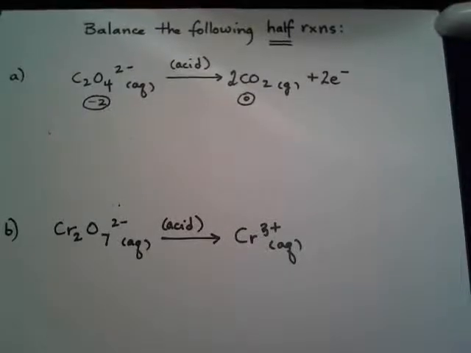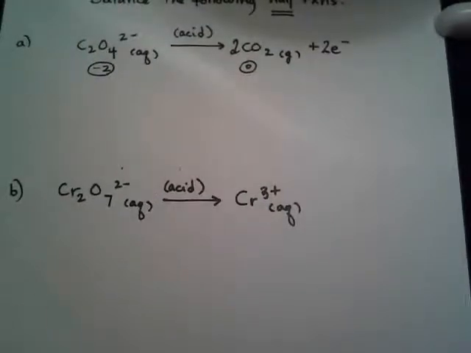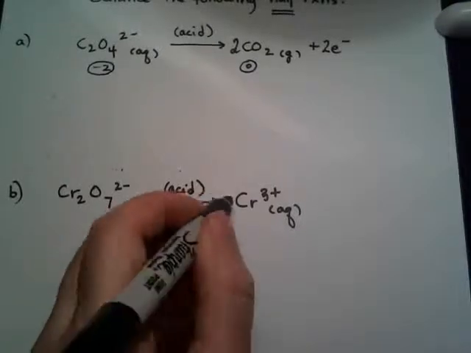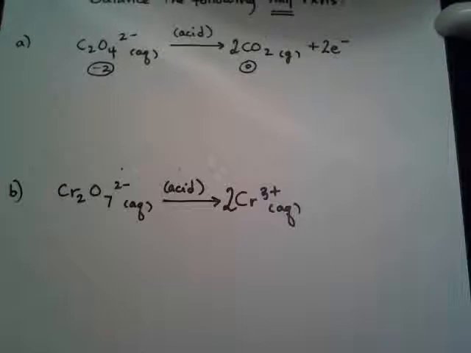And in the dichromate one, I left room there, but I didn't really need it. In the dichromate one, I've got 2 chromium atoms here and only 1, so I need to change that again.